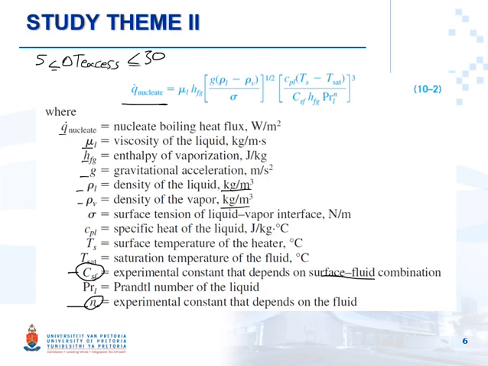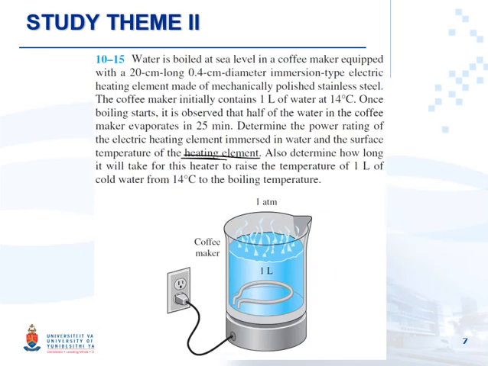No. Why? Because you don't have the T surface. So you have this one, you have this, you have this, you have all of these ones, but what you don't have is Ts. How are you going to sort it out?